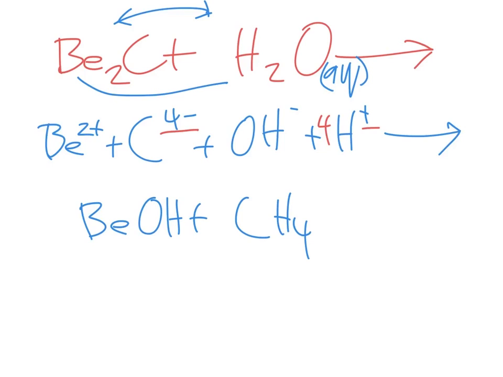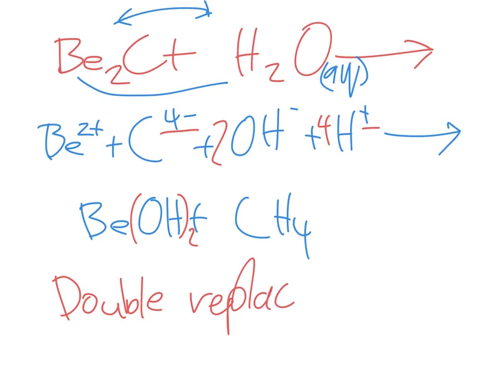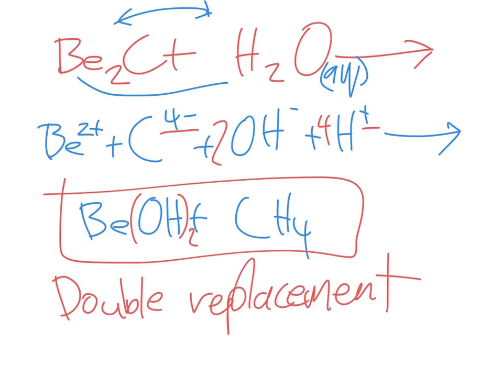And then this one will actually be 2. So then there'll be 2 here. Alright, so this is balanced, and since we flipped it, the reaction type would be double replacement. And then these would be the products.